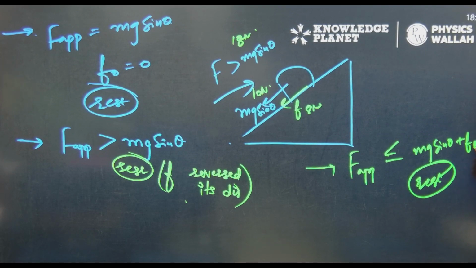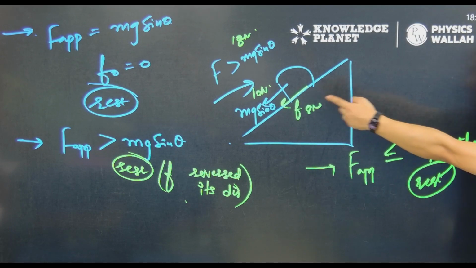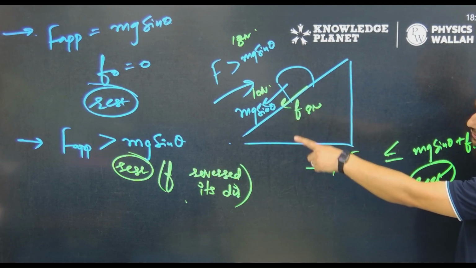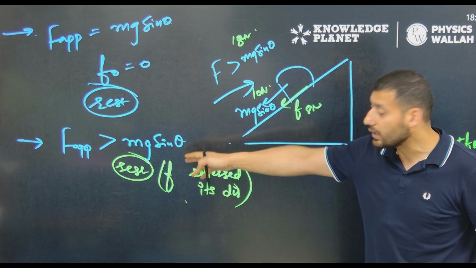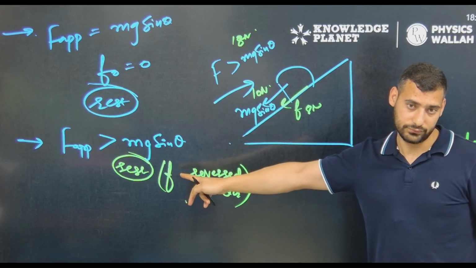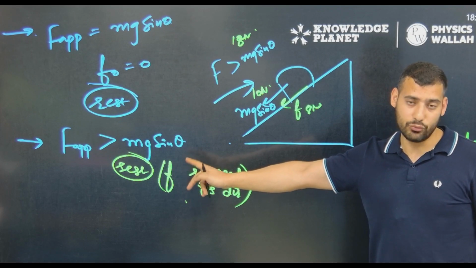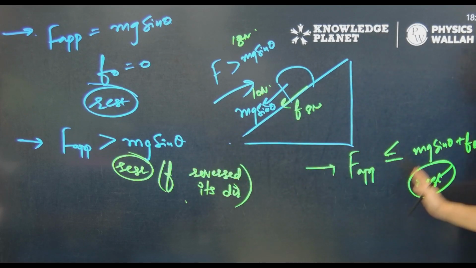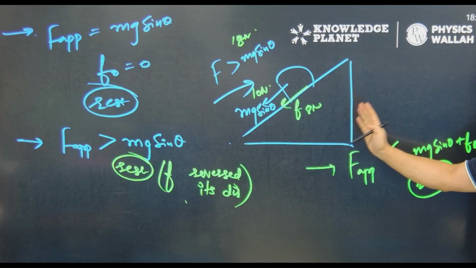The maximum value of friction was 8. This was 10, 18 newtons. Still it is less than 18 or more than F that we discussed in the previous case. This mg sin theta, less than 18 but more than mg sin theta, understand? Less than 18 and more than that, till then the block will still remain at rest.